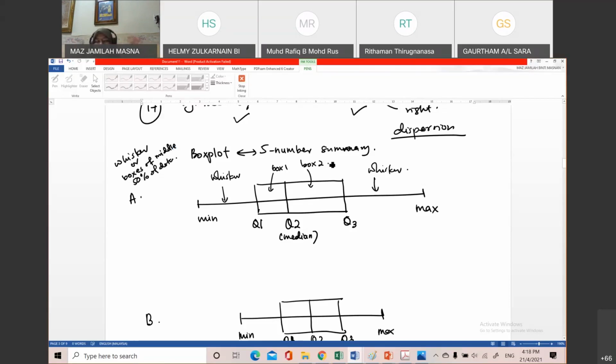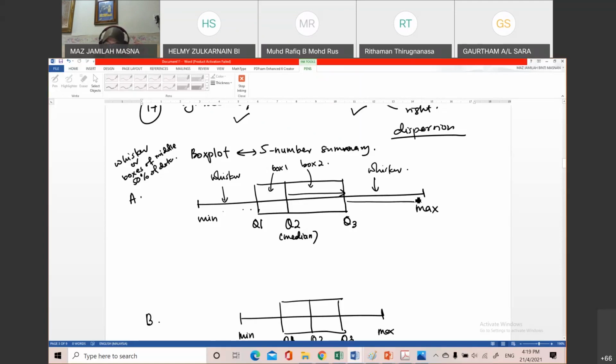Now, you can base on either your whisker or your box size. You can use either one or both, depending on the box plot that you have. For example, in this case, it is obvious that the box here is larger and the whiskers compared to here are larger.